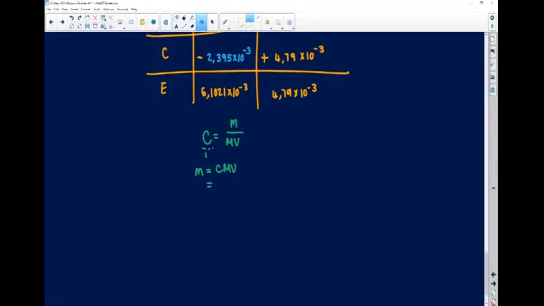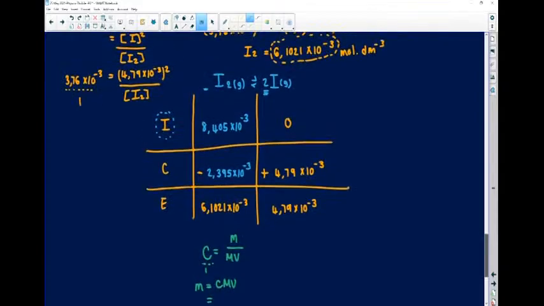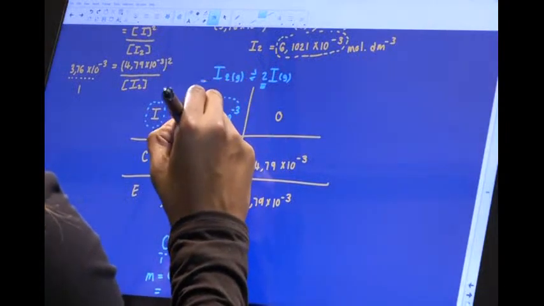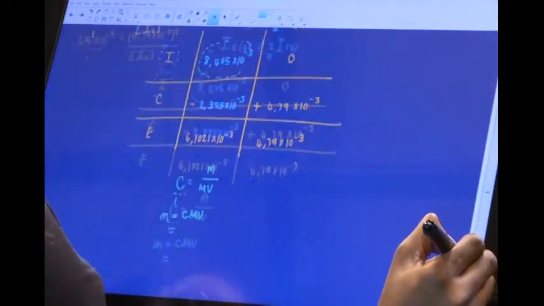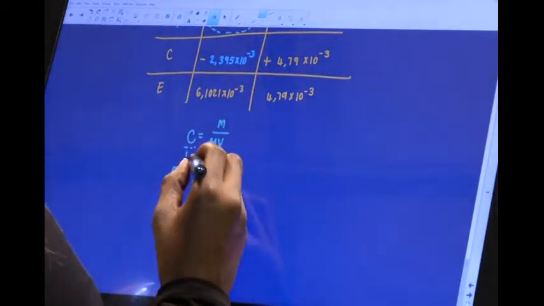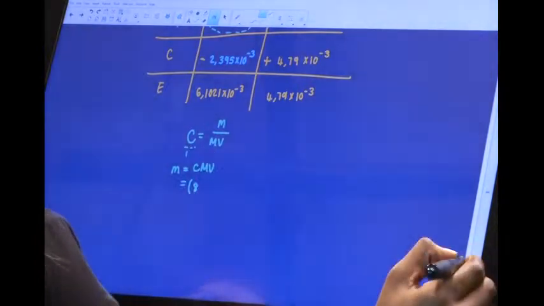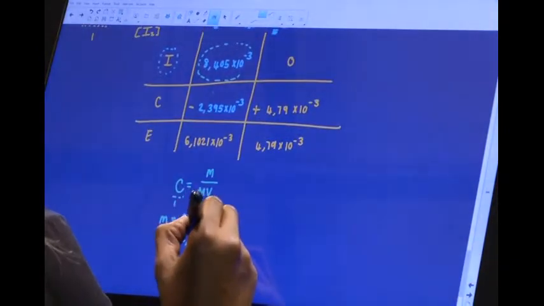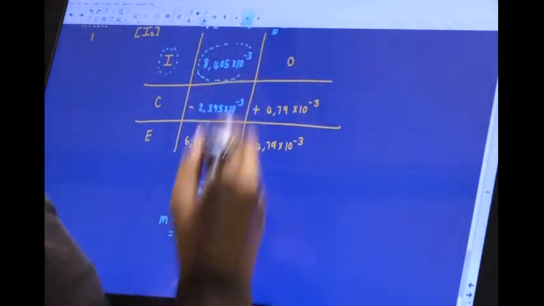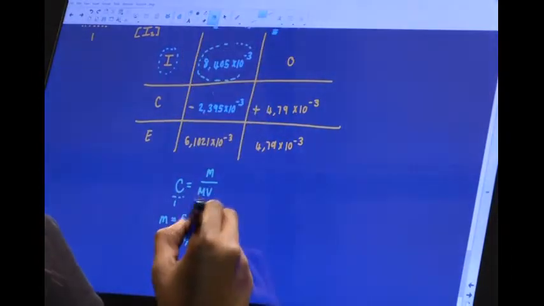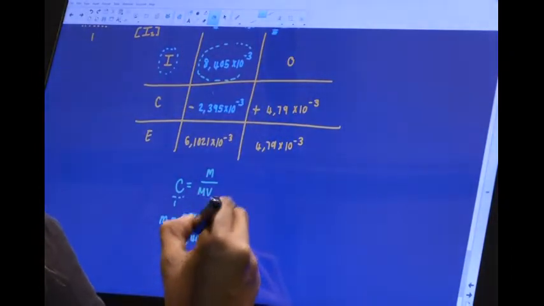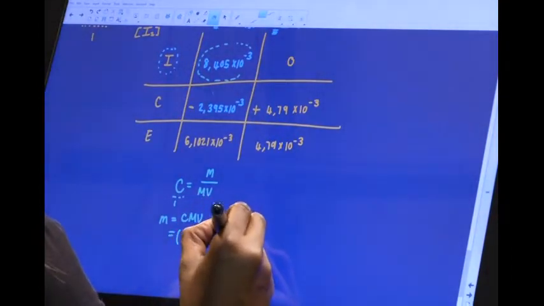Now remember, they said they wanted the initial mass. This is the initial mass that I had before the reaction. So that's the concentration I will use. Therefore, I got 8.405 times 10 to the negative 3.